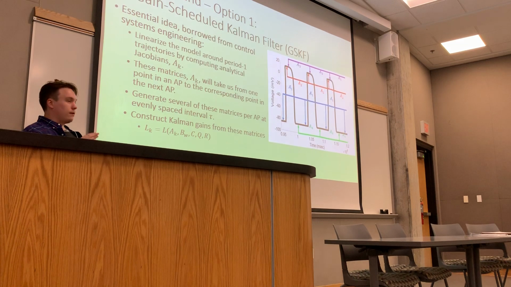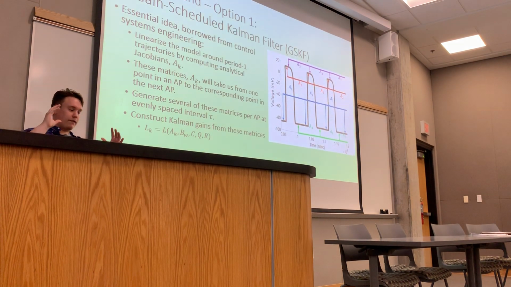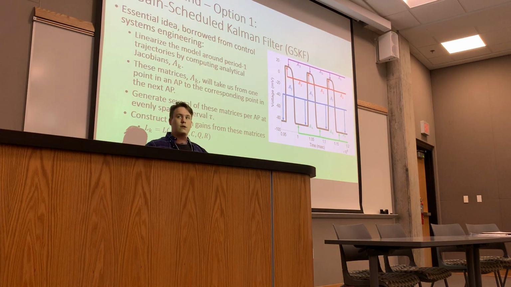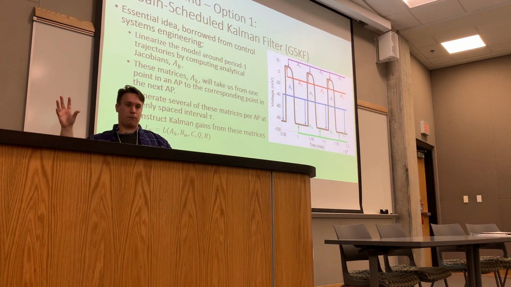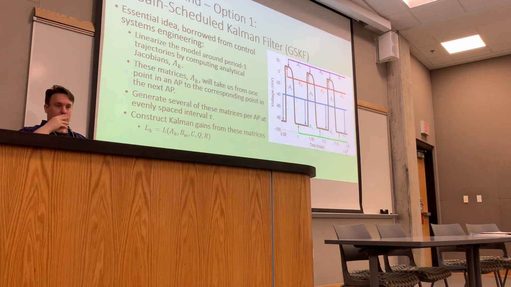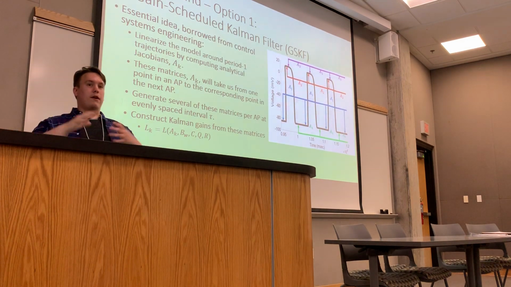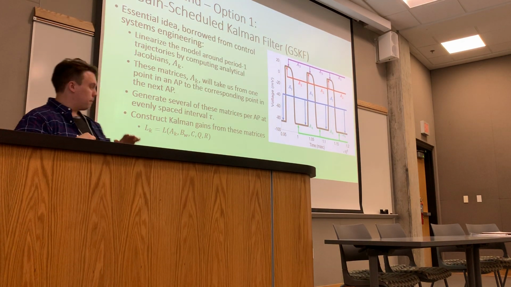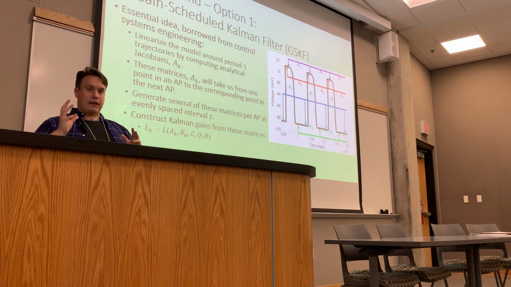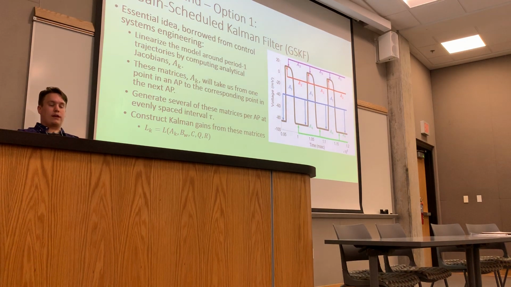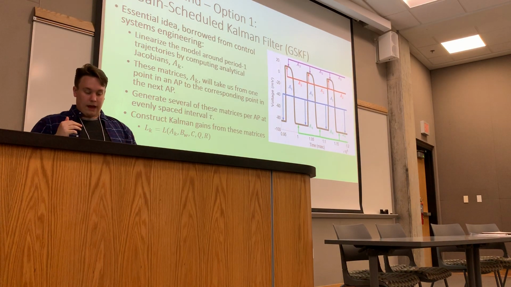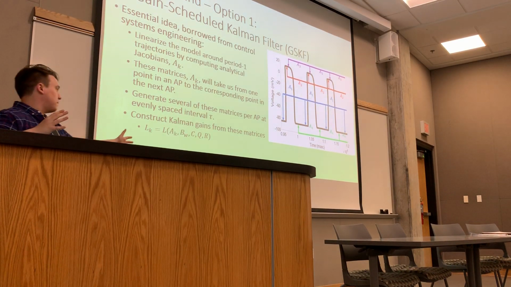So we're going to say, to get from point A in this action potential to point A in the next action potential, we need a matrix that's going to tell us how to go from point A to point A. So we're going to be linearizing our system around these period 1 trajectories by computing these analytical Jacobians, and then using these matrices that'll take us from one action potential to the next, we can generate our Kalman gain, as we mentioned earlier. And then we can generate a bunch of these for each of these action potentials.